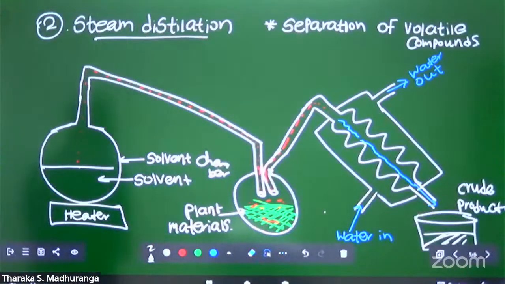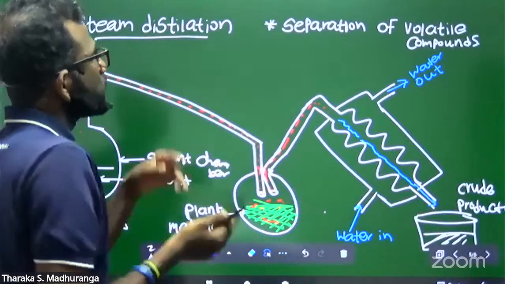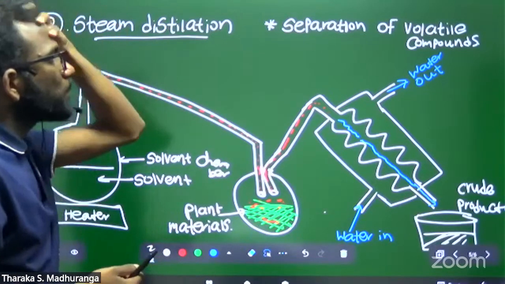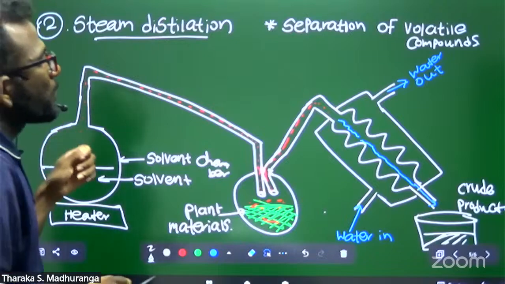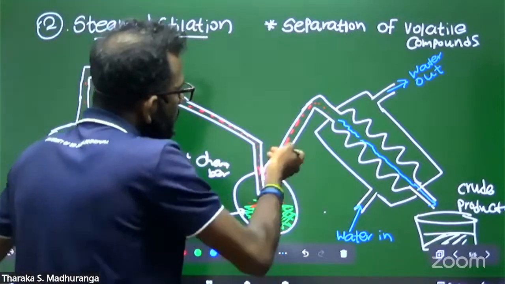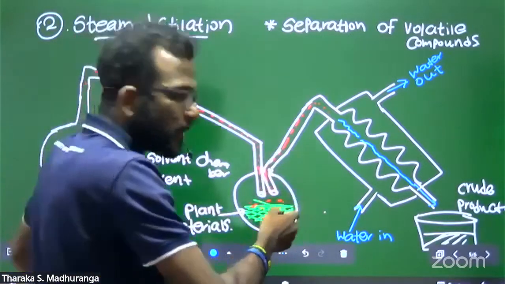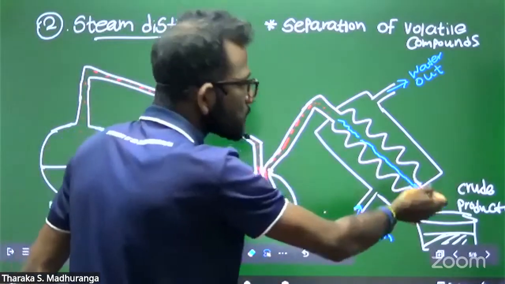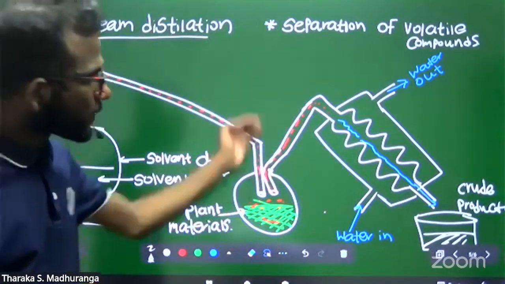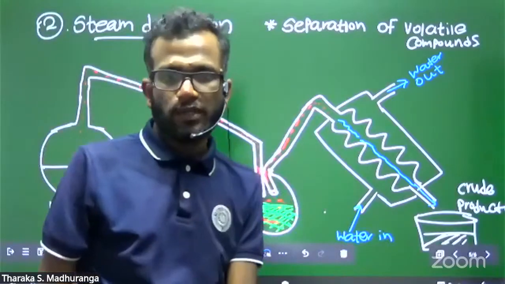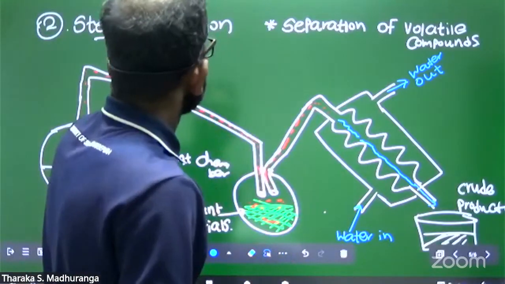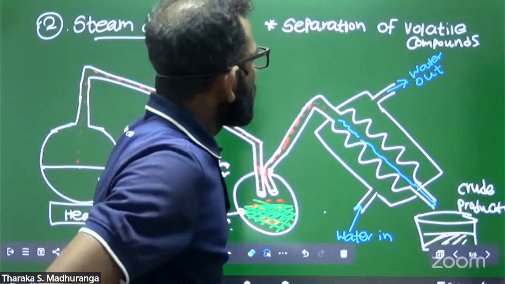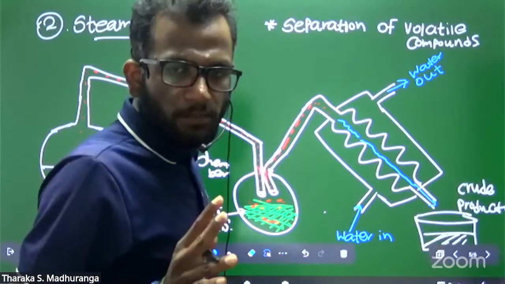But remember, with steam distillation we can use it for separation of volatile compounds. The reason is that the volatile compound vaporizes, then goes to the condenser and converts to liquid, so we can use steam distillation for the volatile compound separation process.